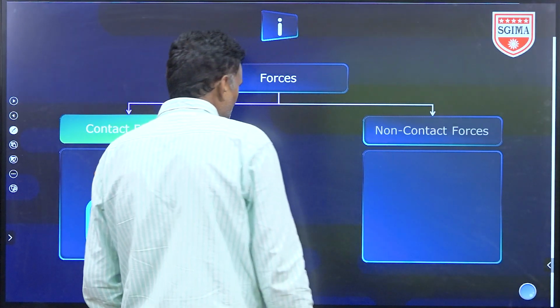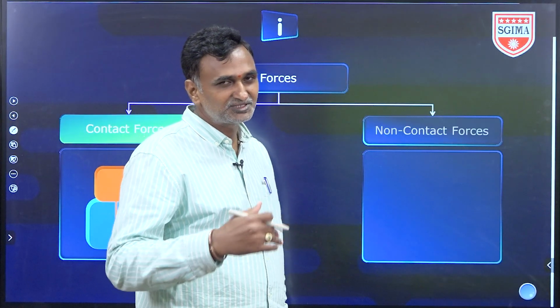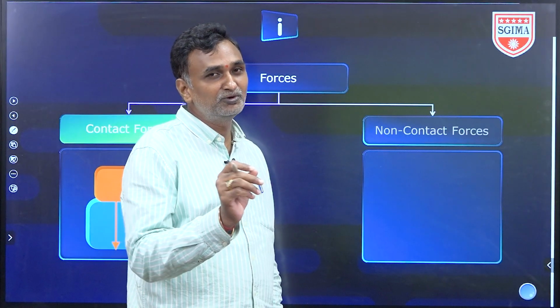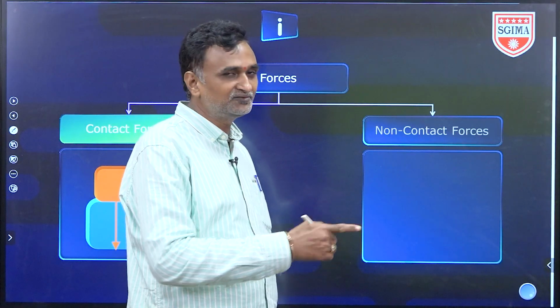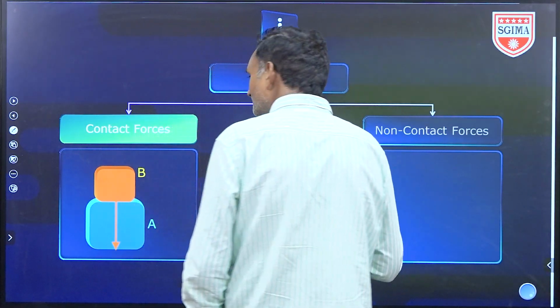Next category, non-contact forces, which means one object exerts force on the other from a large distance or small distance. We don't find any kind of physical contact, even though one object can exert force on the other one. So we can see one by one.